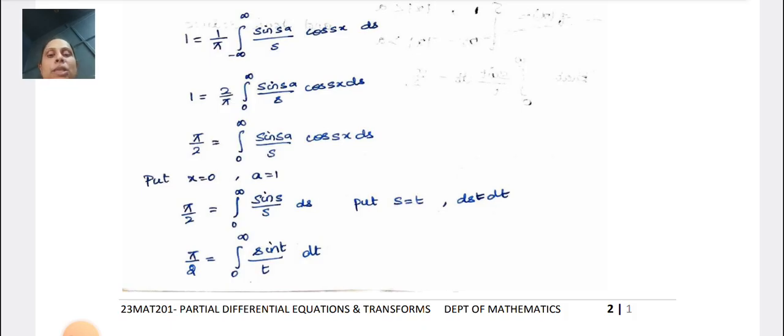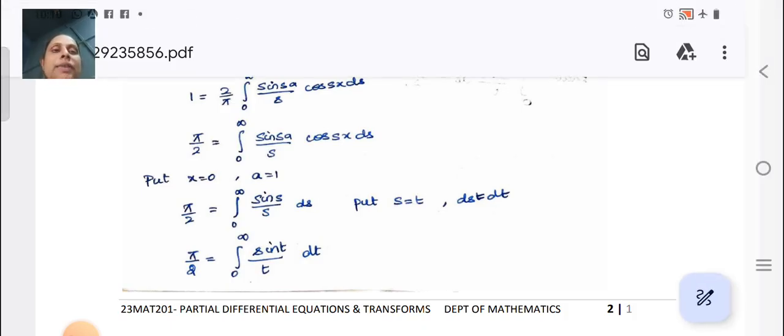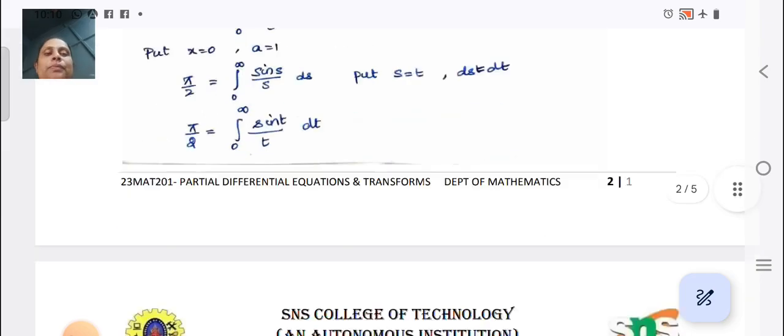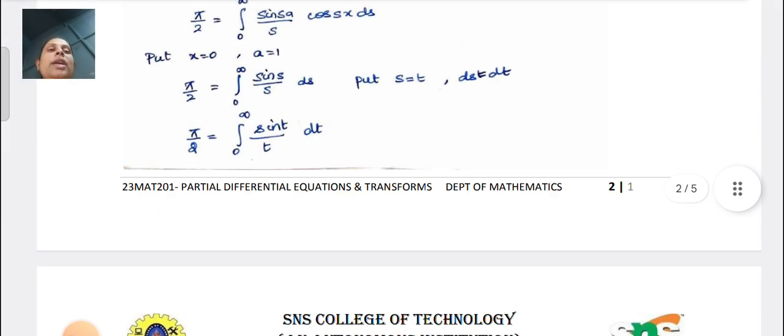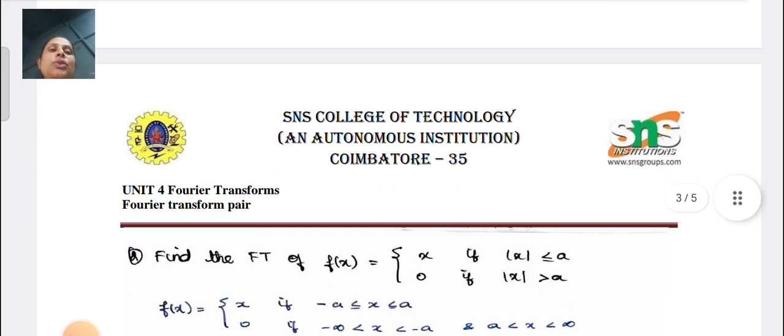So pi by 2 equals the integral from 0 to infinity of sin s divided by s ds. So the value pi by 2, we replace s equal to t and ds equal to dt. So this is our answer. Okay, so here also pi by 2 equal to the integral from 0 to infinity of sin t divided by t dt.